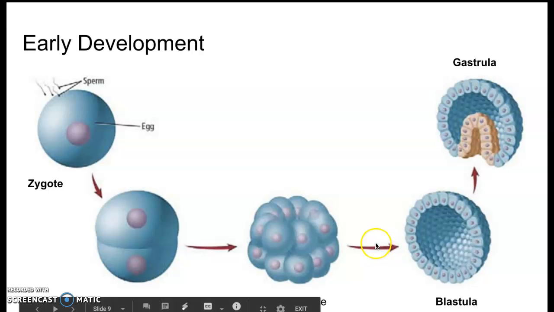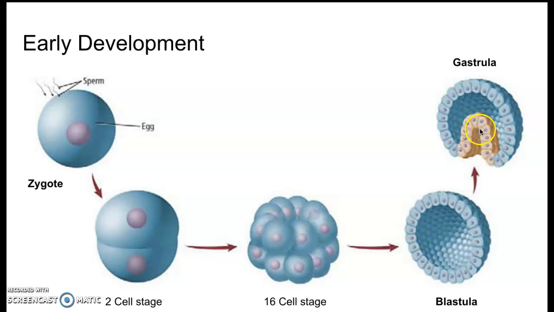Now that blastula will eventually fold inside in a section. So it will form like a big balloon, and inside there's a little balloon. The gastrula makes basically 2 layers of cells. So now there's this layer on the outside and this layer on the inside, and now there is an opening.